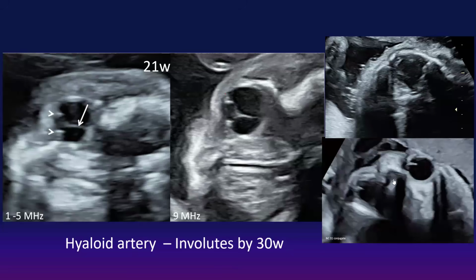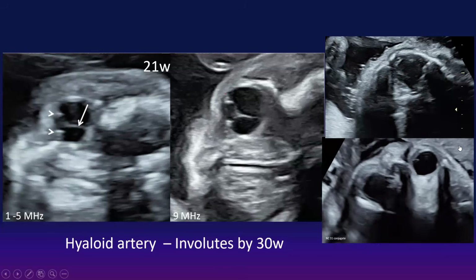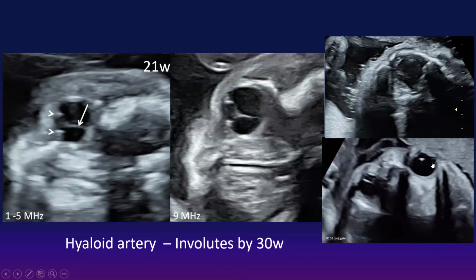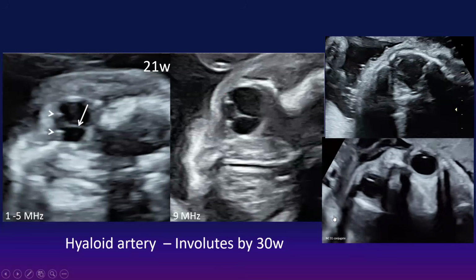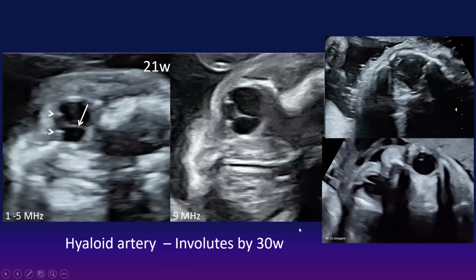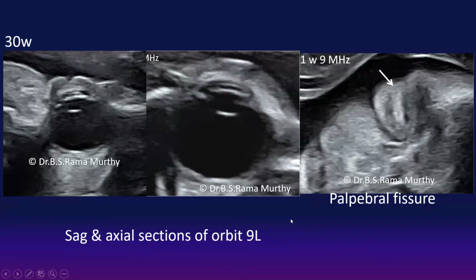In the third trimester, you can also see conjugate eye movements of the orbits, where the eyeballs are moving back and forth, and you see both the lenses moving back and forth in synchrony. That's called conjugate eyeball movements, and that is something nice to notice and document as well. At 30 weeks, you see the lens again as a posterior thin, sharp line, nothing beyond that.